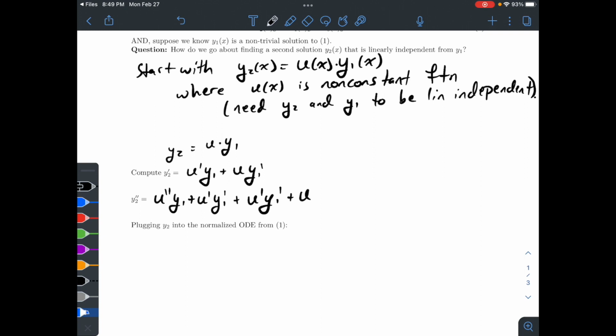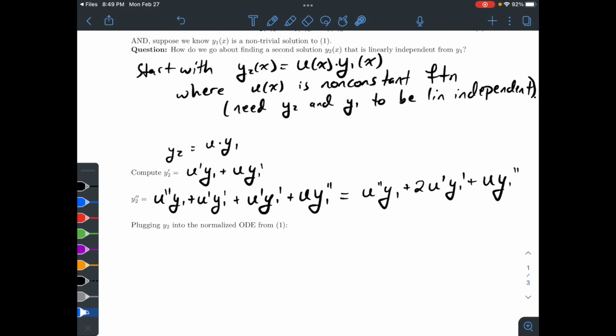Now we'll leave u alone and take the derivative of y1 prime, so y1 double prime. We should notice that these two terms are the same, so we can combine them into 2 u prime y1 prime. So this is equal to u double prime y1 plus 2 u prime y1 prime plus u y1 double prime.